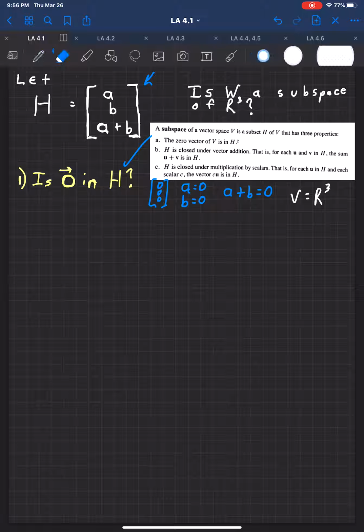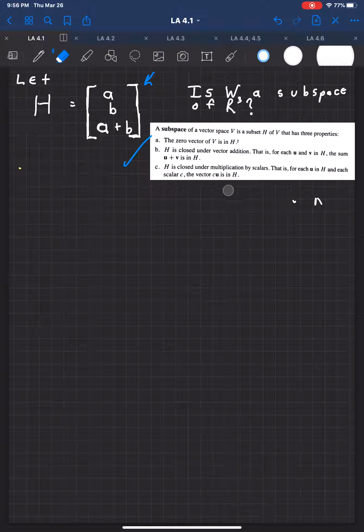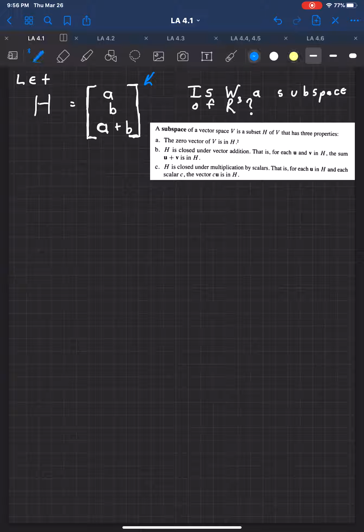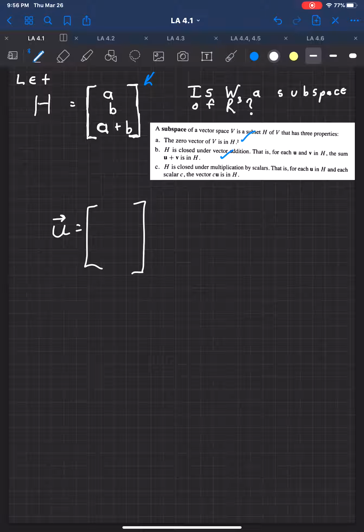So let's go ahead and do that last axiom. We have verified axiom 1, we have verified axiom 2, and now it's time to see if we can verify axiom 3. Remember, axiom 3 says the only things that you have access to is some vector u, and you have access to scalars.